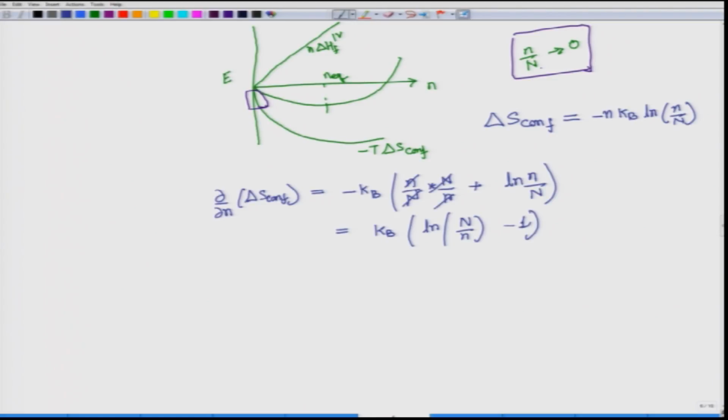Now, when n by N tends to 0, what happens to uppercase N by lowercase n? This quantity tends to infinity.